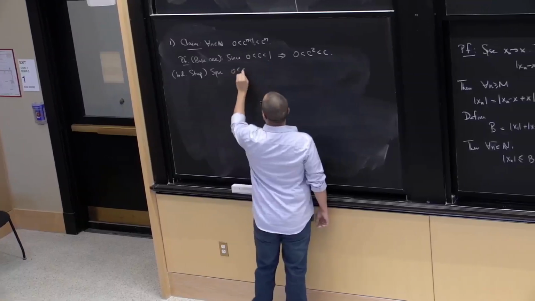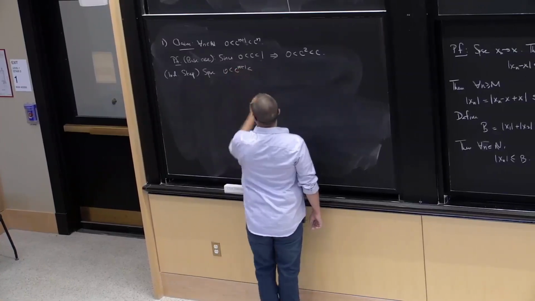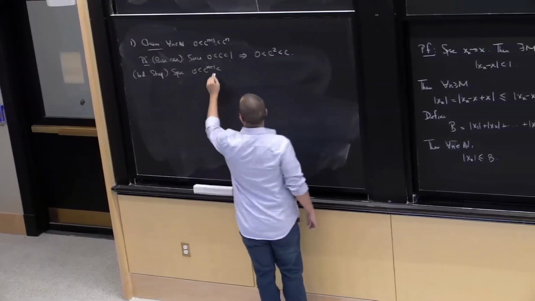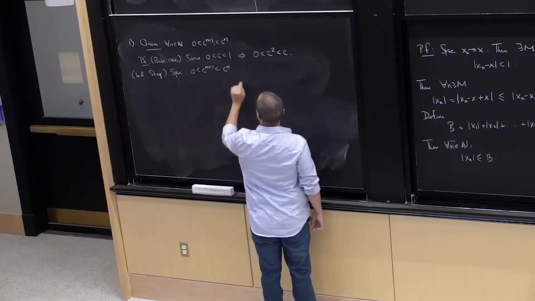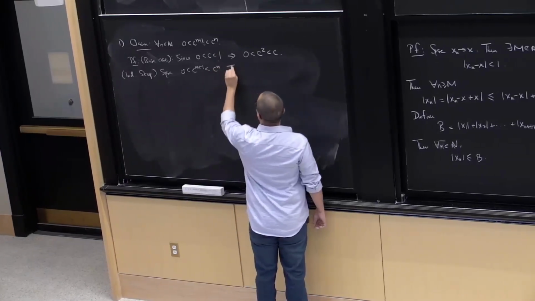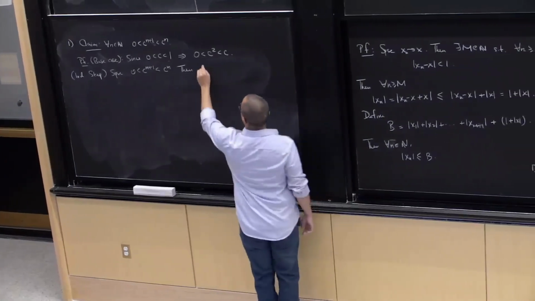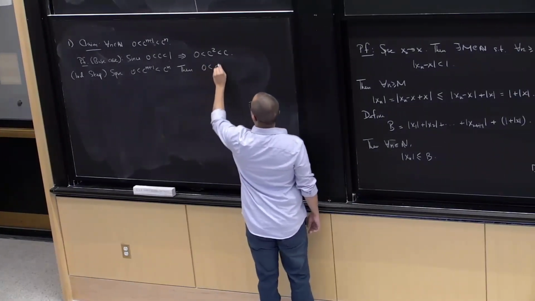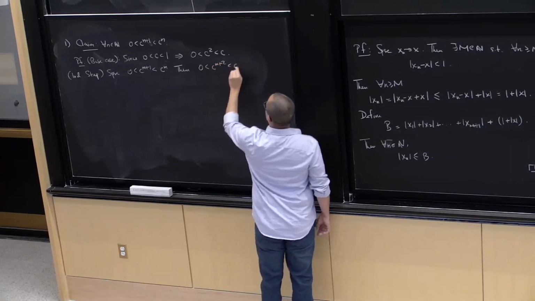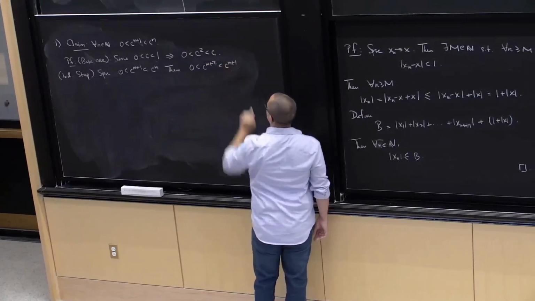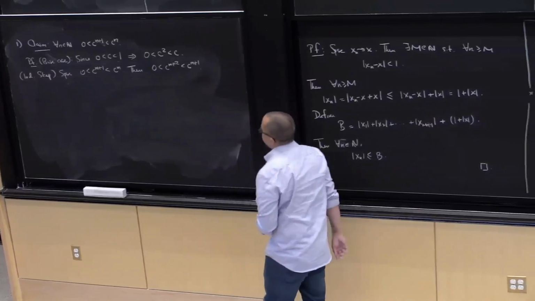Suppose 0 is less than c to the m plus 1 is less than c to the m. Then multiplying through by c, we get that 0 is less than c to the m plus 2 is less than c to the m plus 1, which is n equals m plus 1.